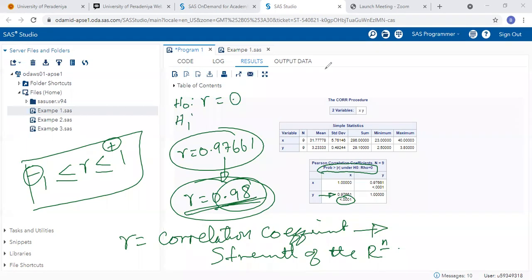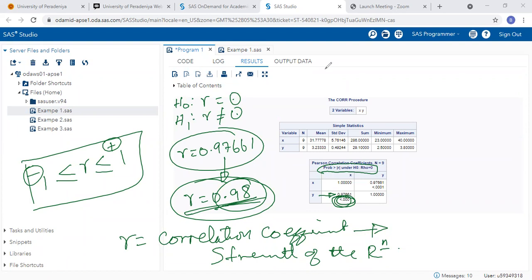And the alternative is that R is not equal to 0. So you see the probability value is very, very low compared to the alpha value, so there is a significant difference where R is not equal to 0. So the correlation is very strong, a very high correlation.